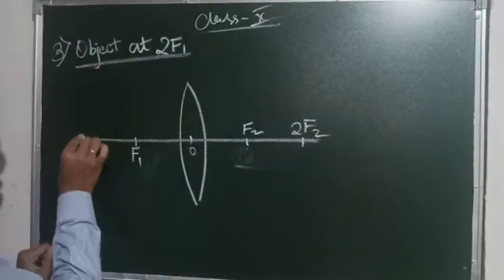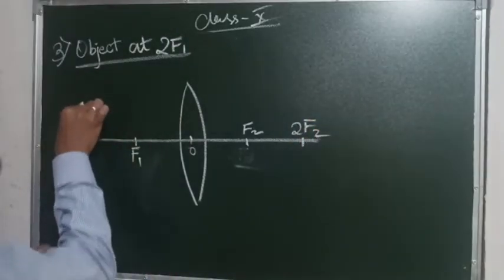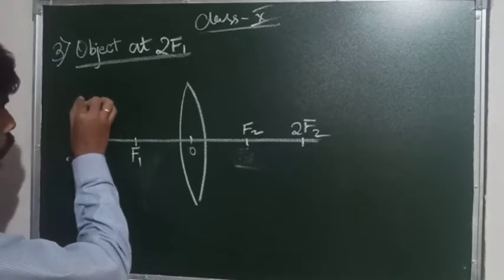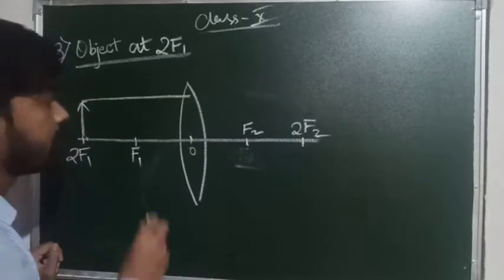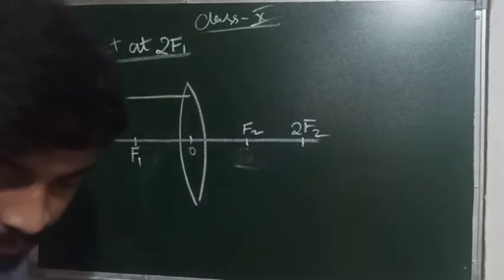The object at 2f1, this is our object. First ray will go parallel to the principal axis up to the center of the lens. My line does not seem parallel.